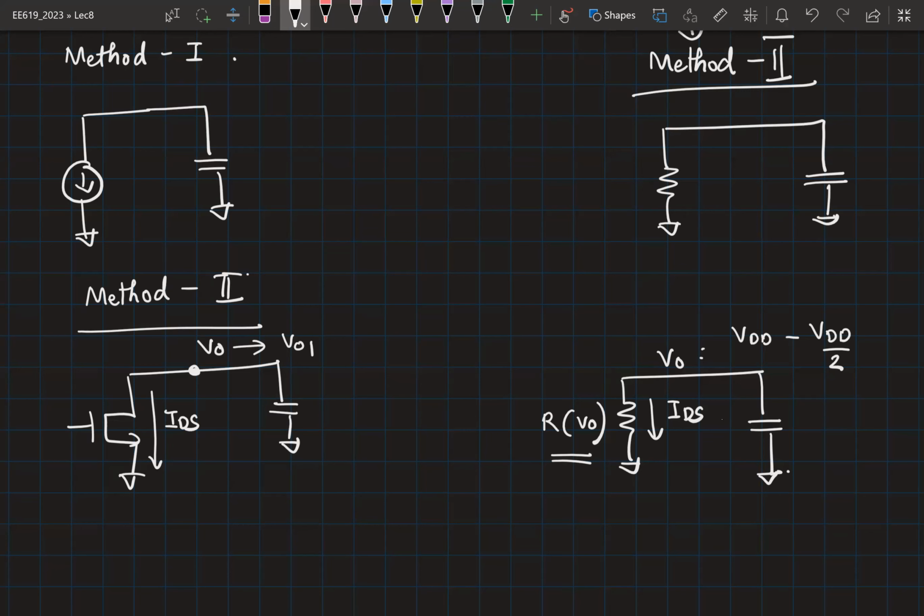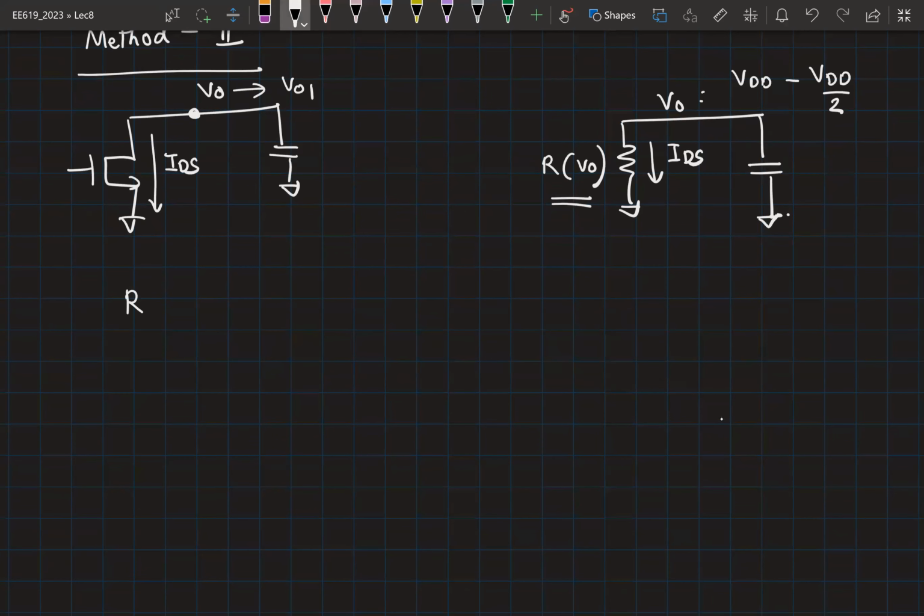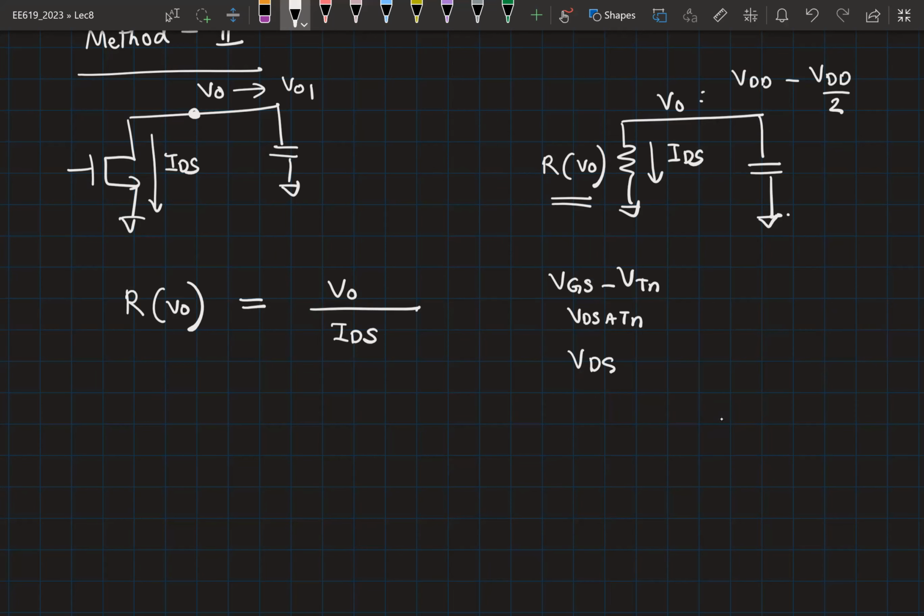So how do we find the average value? So let me first write the equation for R as a function of V0. What would this be? This will be V0 by IDS. Now to write the expression for IDS, I need to know the region of the NMOS transistor. So what comment can you make about the three parameters? So we have VGS minus VTN, VD sat n, and finally VDS.